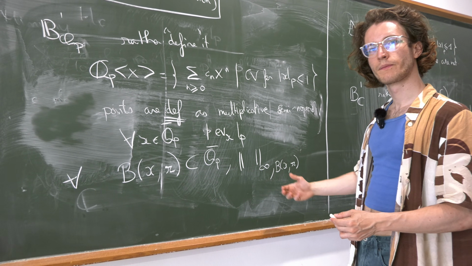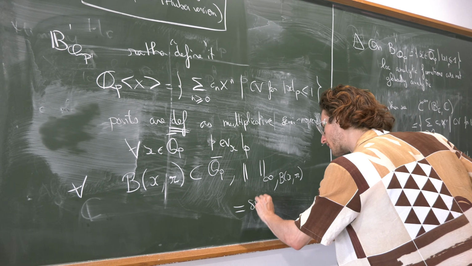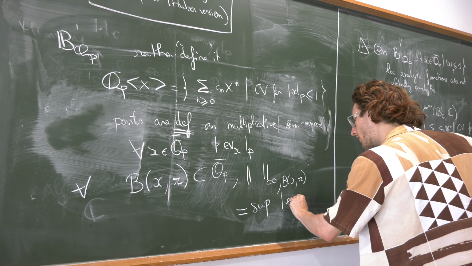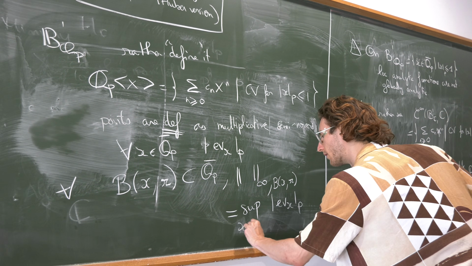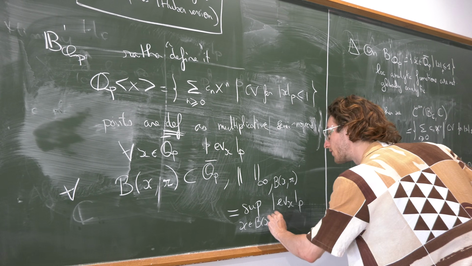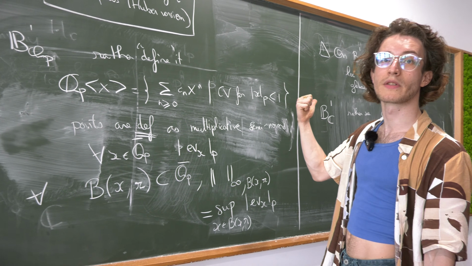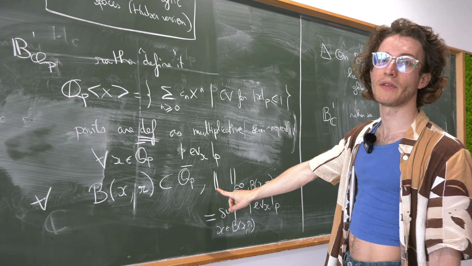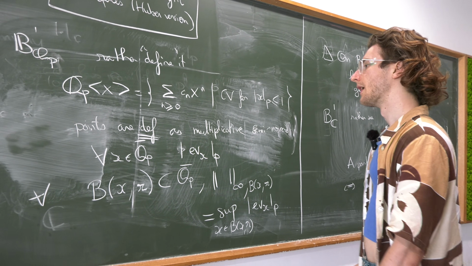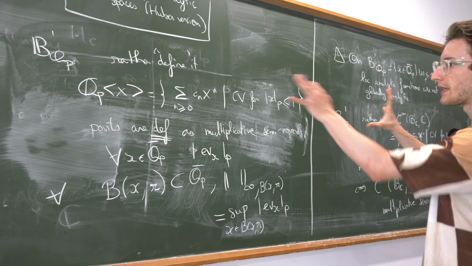So what is it? It's the supremum of all the norms of evaluation at x for x in the ball. And it's really interesting because this is not multiplicative in the complex numbers. It's really a Qp feature. Okay. And so that's the step.